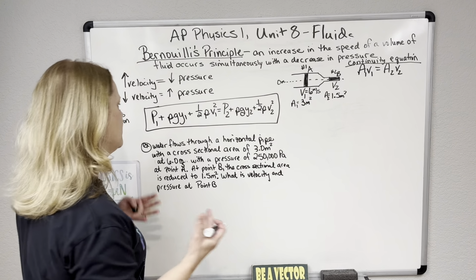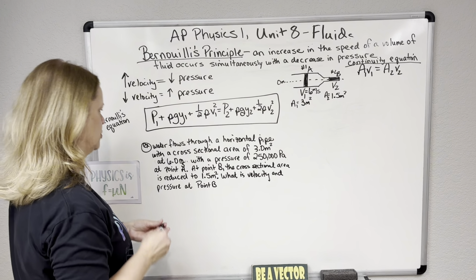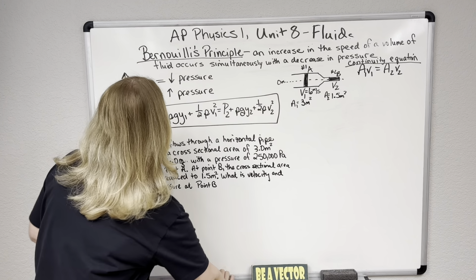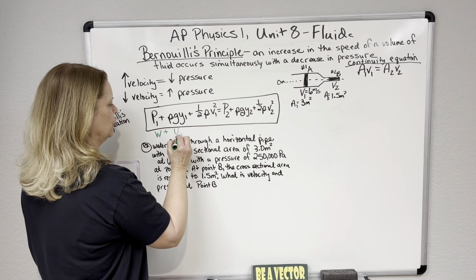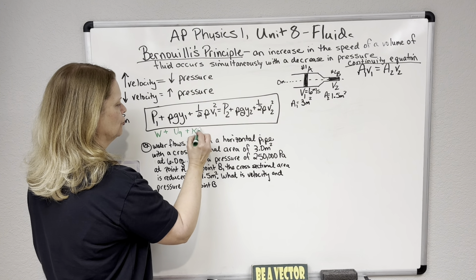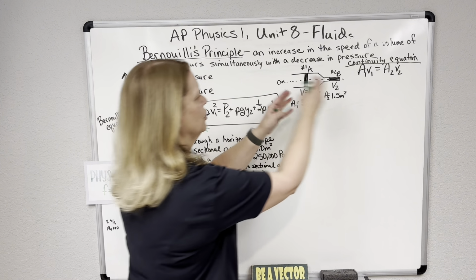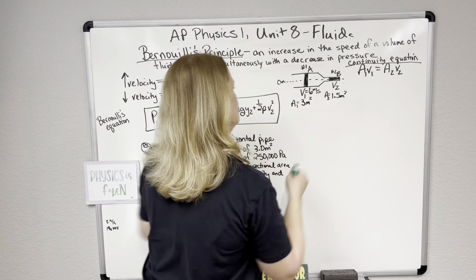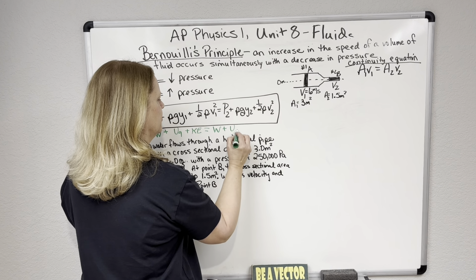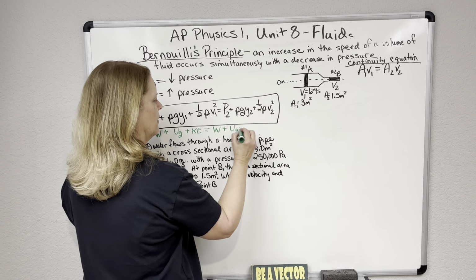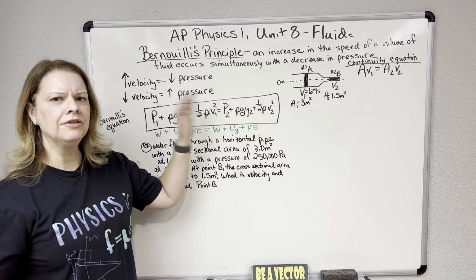What I mean by that is, pressure is really just work, plus your potential energy, plus your kinetic energy of your fluid before a change. And then we're going to change the velocity by changing the cross-sectional area. And then it's going to equal the work plus the potential energy due to gravity plus the kinetic energy after. That's really all this equation is saying.